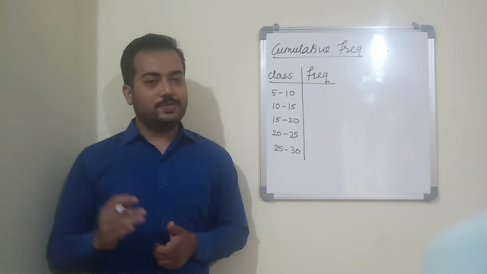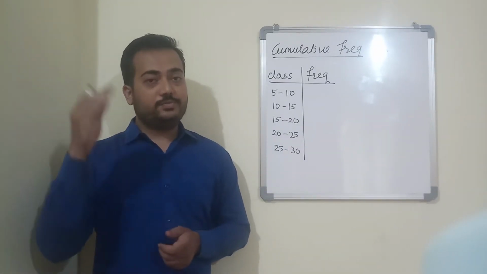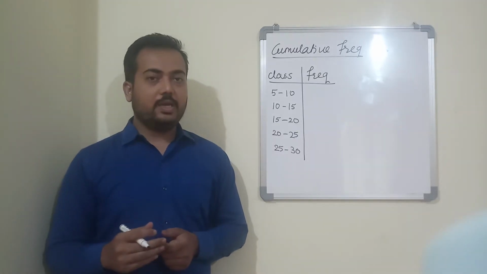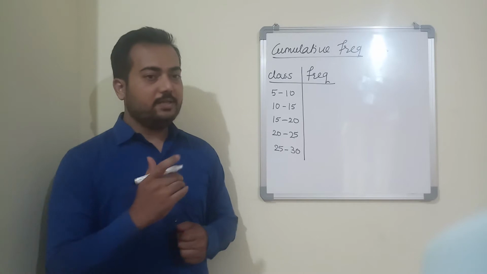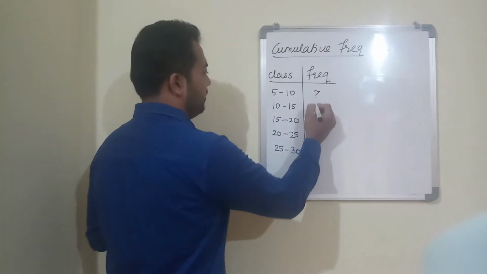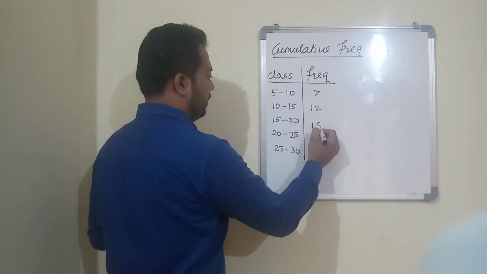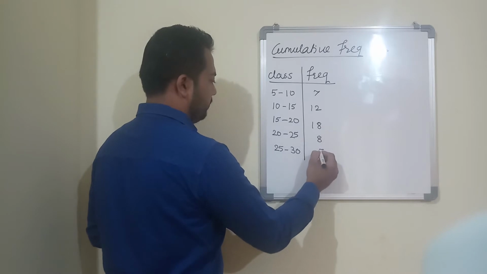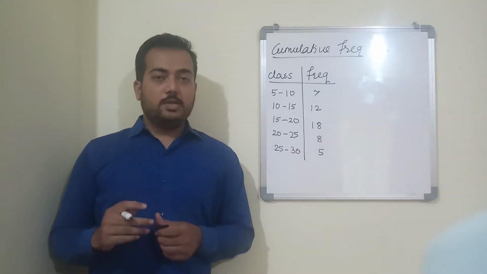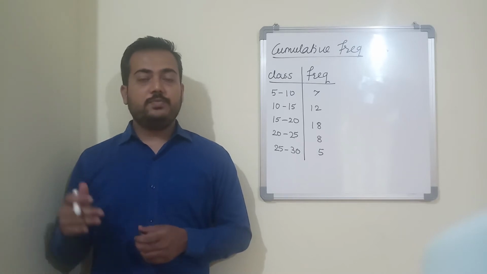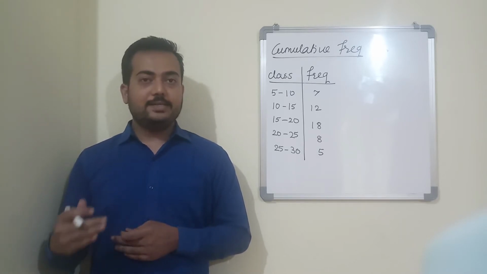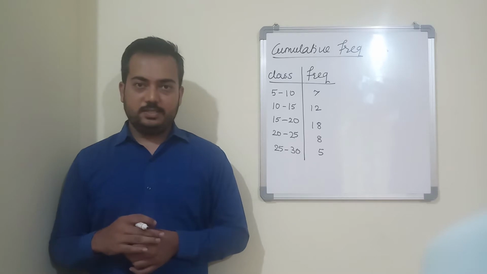So this is the total range from 5 to 30. For each class the frequency is given in this way: 7, 12, 18, 8, 5. So there are 7 values between 5 and 10, 12 values between 10 and 15, then 18, and this way. So this is the given data.